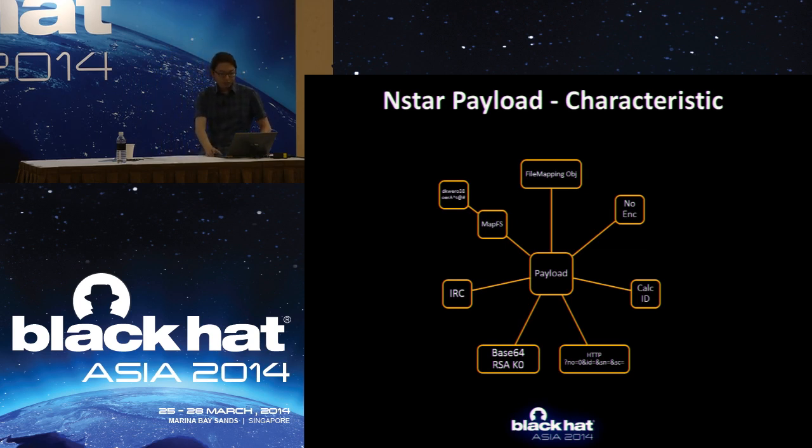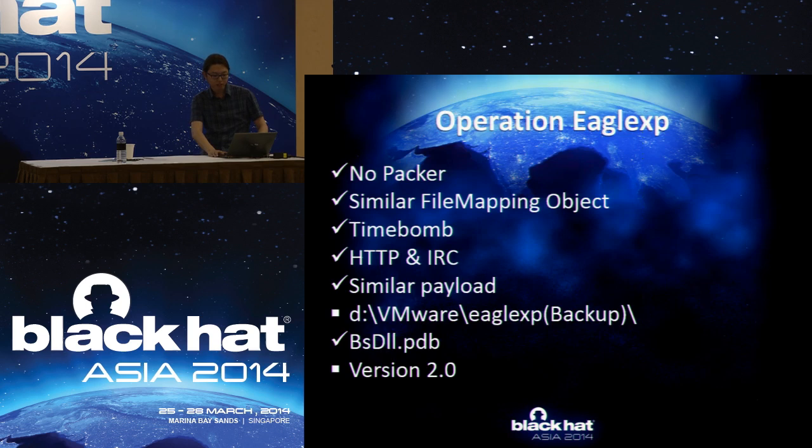And based on those characteristics, we found another operation, equal XP. There are many more similarities. No packer, similar file mapping object, time bomb, HTTP protocol, and IRC channel. Version 2.0.